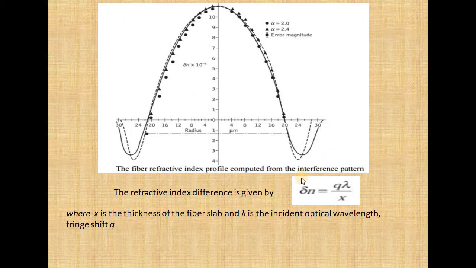The refractive index difference between a point in the fiber core and the cladding can be obtained from the fringe shift Q, which corresponds to the number of fringe displacements. Here the refractive index difference is given by Q lambda divided by x, where x is the thickness of the fiber slab and lambda is the incident optical wavelength.